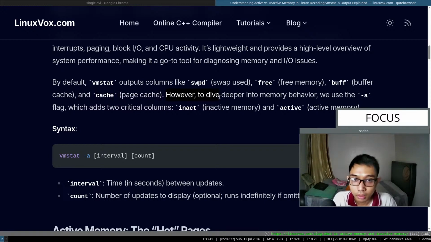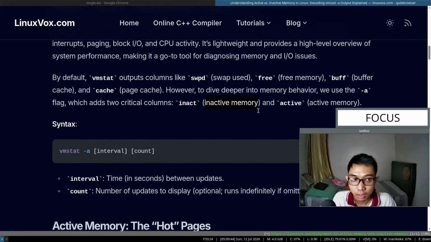However, to dive deeper into memory behavior, we use the -a flag, which adds two columns: inactive memory and active memory.